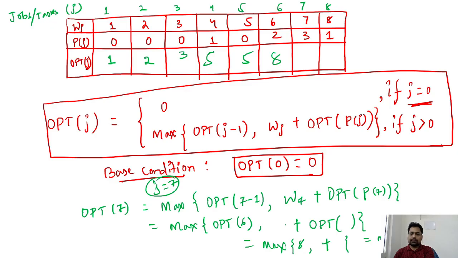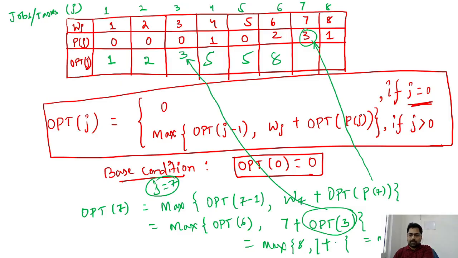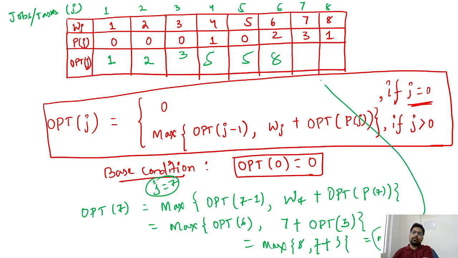Now I am writing for this value and this weight, the weight of this 7 is 7 and OPT of P of J is 3, this one. Okay, because P of J is 3. So within that I am just writing OPT 3 and OPT 3 is this 3. So 7 plus 3 which is 10. So out of 8 and 10 the maximum value which we are expecting is 10.